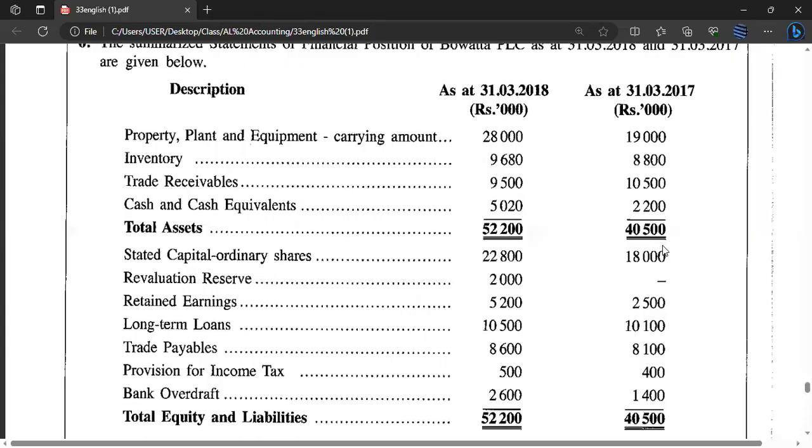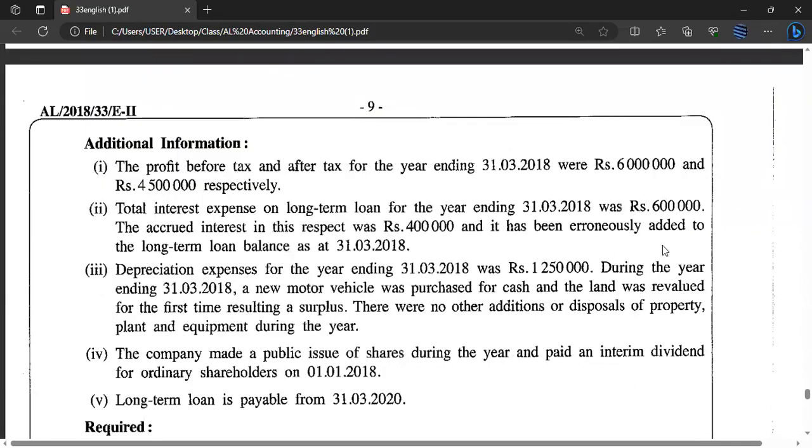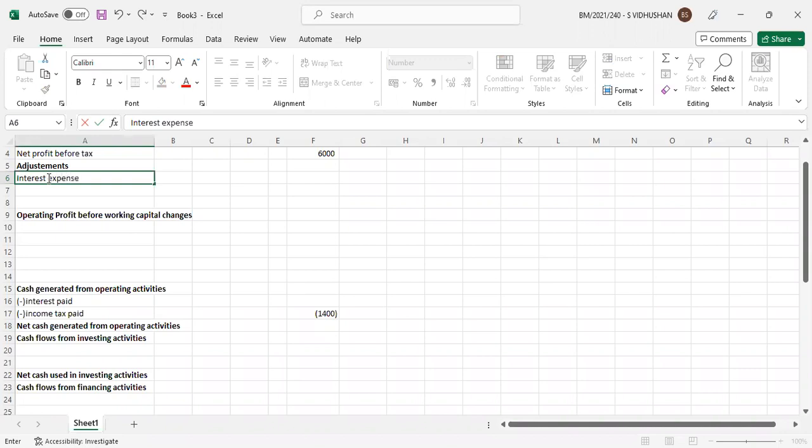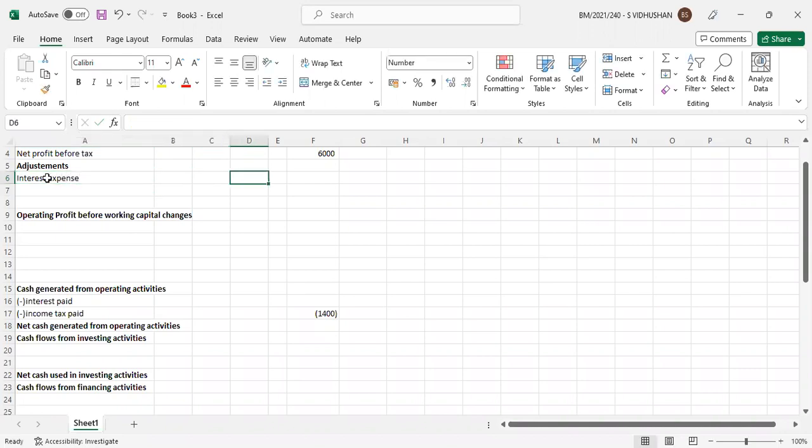Next one is: total interest expense on long-term loan for the year ending 31st March 2018 was 600,000. So total interest expense is 600.